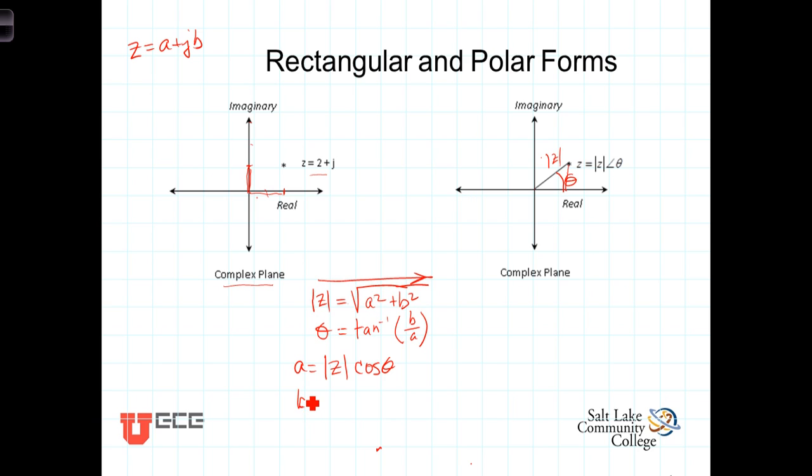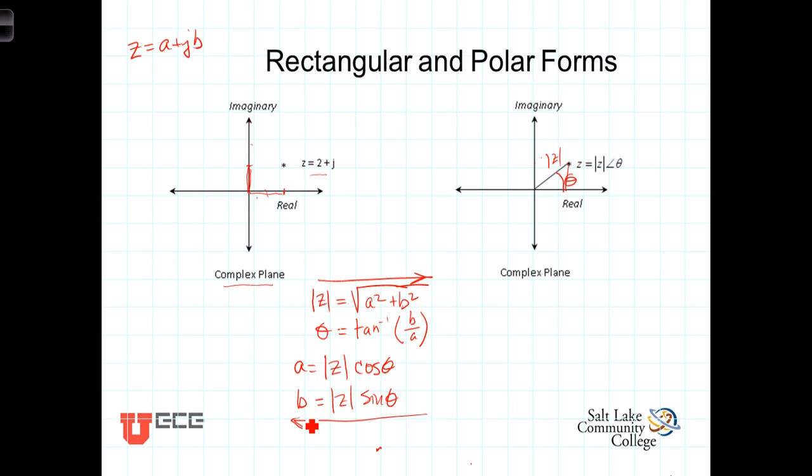And b, the imaginary component, is equal to the magnitude of z times the sine of theta. Again, it's the projection of this point onto the imaginary axis. So that takes us from polar coordinates back to rectangular coordinates.